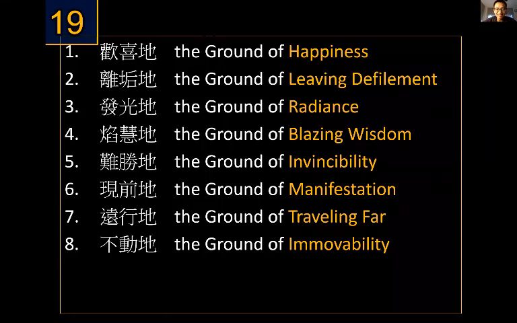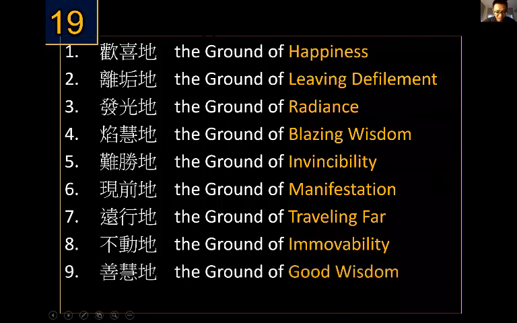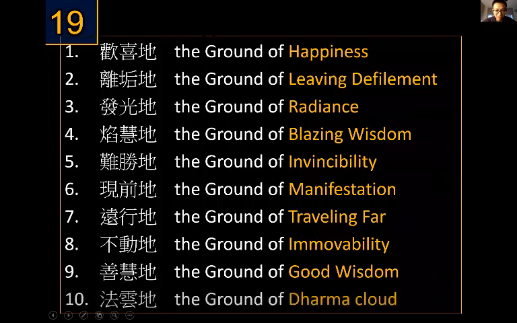I don't know. It just sounds so impossible at her level. And so that is the kind of stage where once you reach there, it's just one way already. We'll go into that a little bit later. So the ninth ground, the ground of good wisdom, and then finally the ground of Dharma cloud.